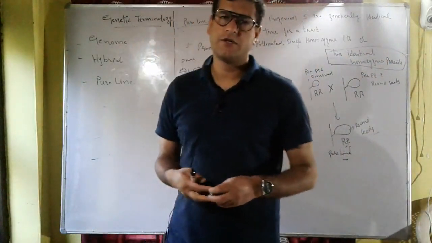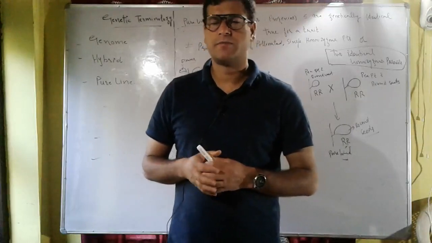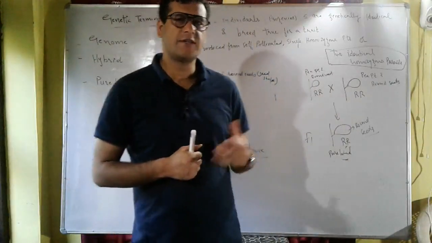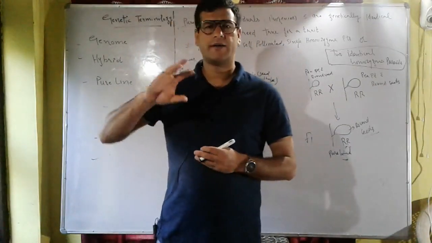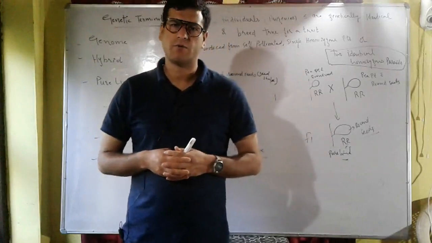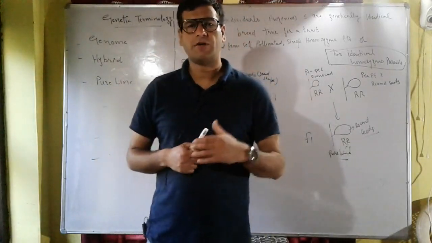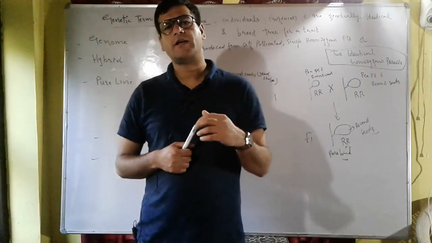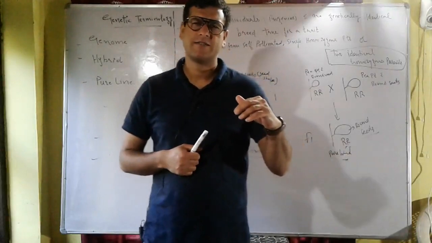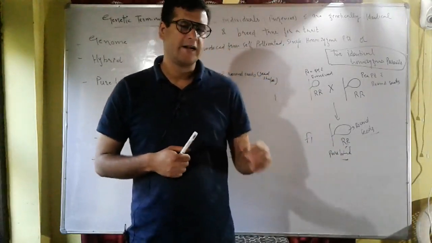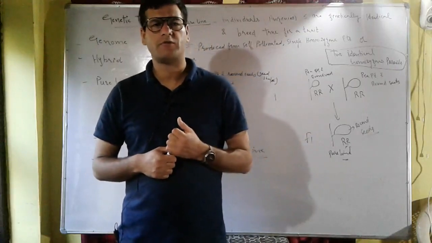Pure line selection was used by Mendel in his hybridization experiments. What do we mean by pure line selection? In pure line selection, we take a single homozygous self-pollinated plant, and after self-pollination, self-fertilization, seeds are collected from this plant. These are sown, and individuals are obtained from them.